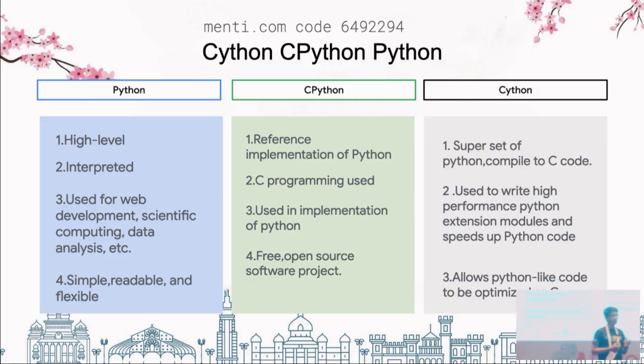Python can be implemented in multiple languages: Python using C, that's CPython, Python using Java, that's Jython, right? It's just an implementation of how you run the code, and we'll get into the detail. What I'm talking about today is not CPython, but Cython. Cython allows C-like code using Python to make your code faster.